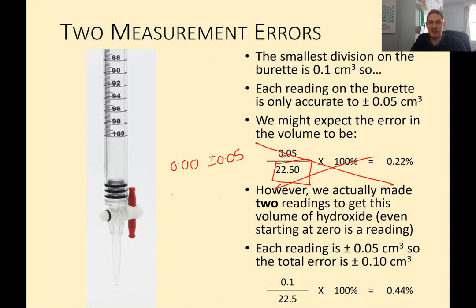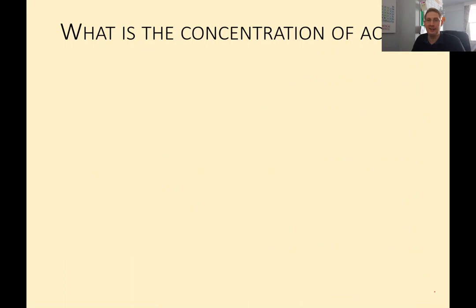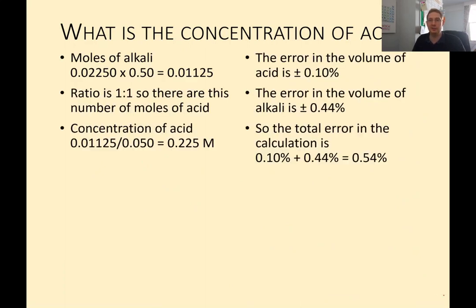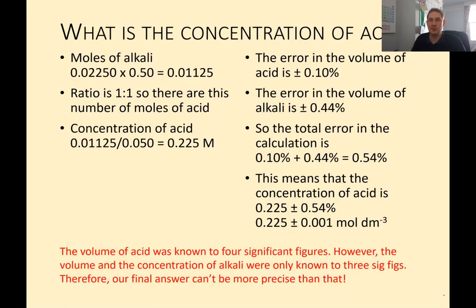There's an error at the start, and then 22.50 is also plus or minus 0.05, and therefore the total error is 0.1 over 22.5, which gives 0.44%.